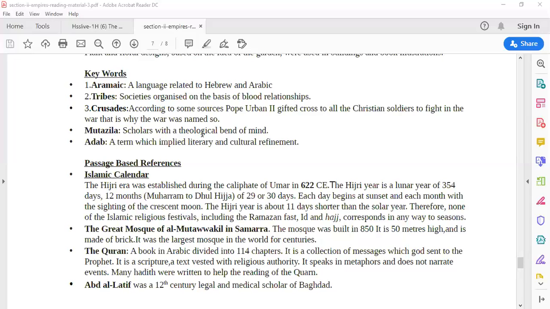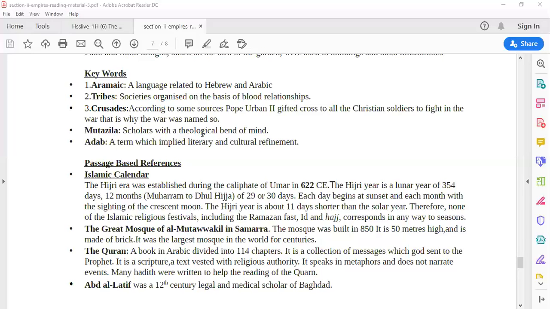Okay. Next, the Quran. Yes, it's on page number 96. Quran is a book in Arabic which is divided into 114 chapters. It is a collection of messages which God sent to the Prophet.